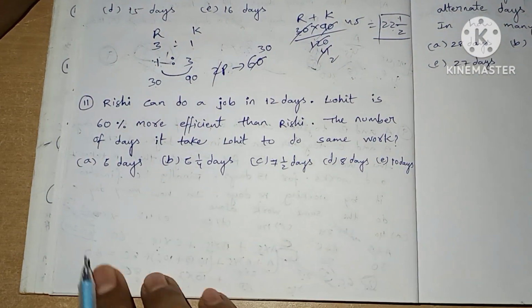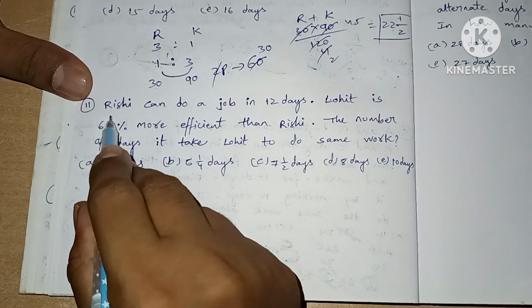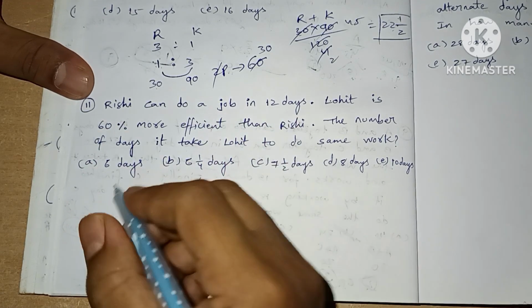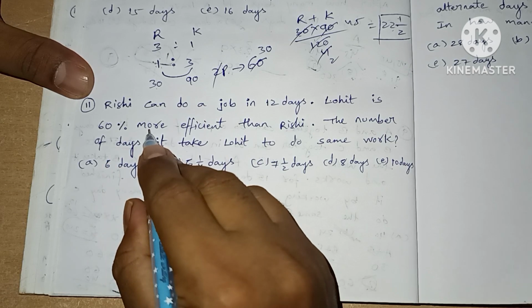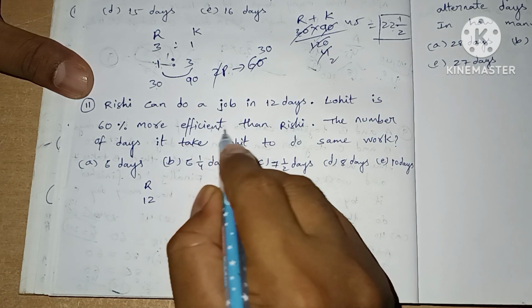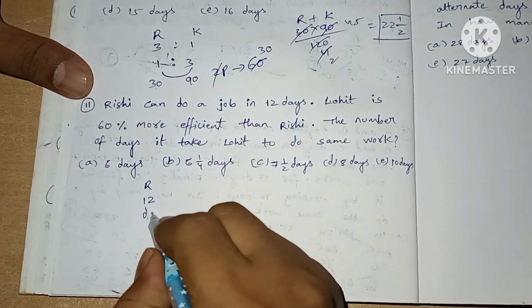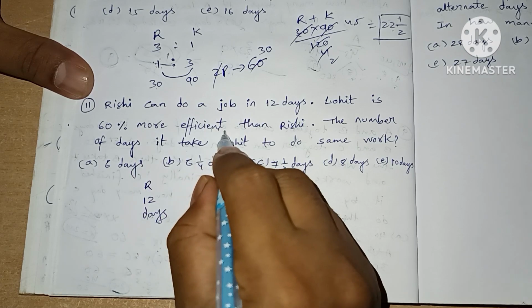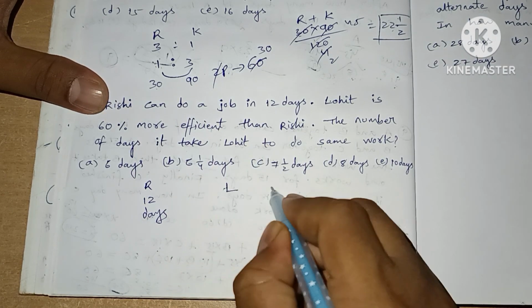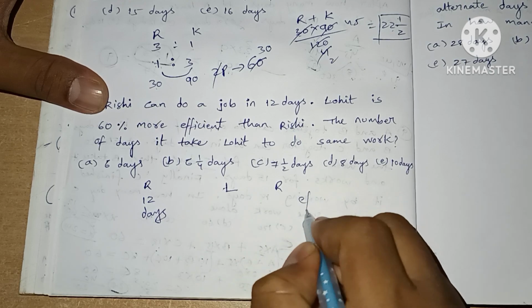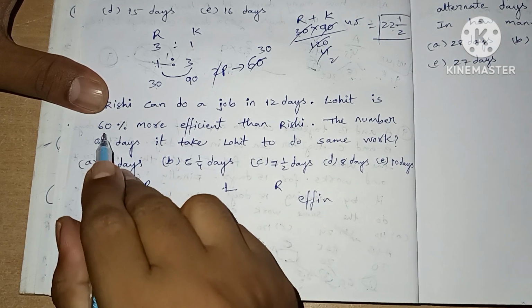Now we are going to see question number 11. Rishi can do a job in 12 days. Lohit is 60% more efficient than Rishi. So this is days, and here given about efficiencies. Let's take Lohit and Rishi efficiencies.